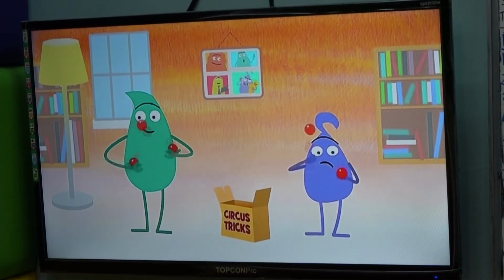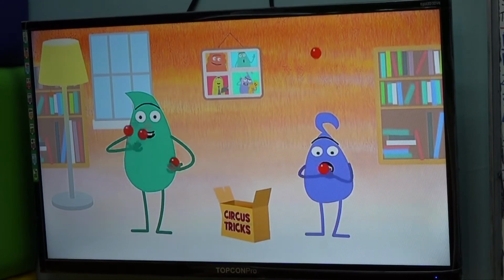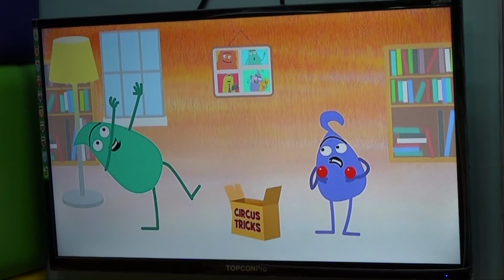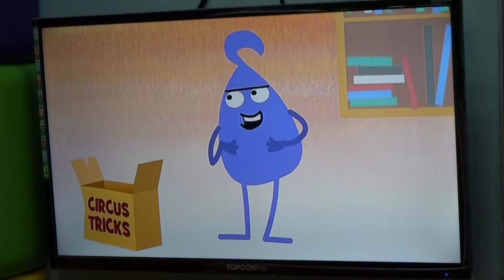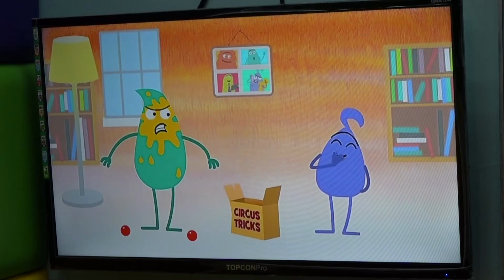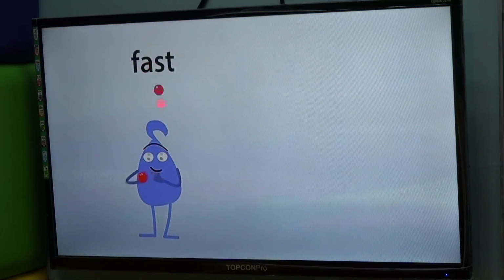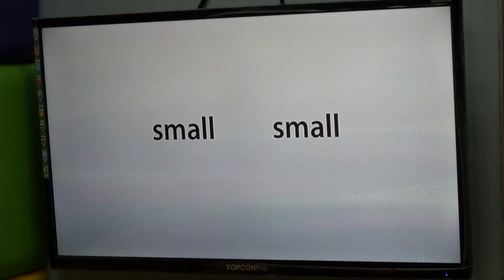You're faster than me at juggling. Yes, I'm faster than you. And I'm better than you at tricks. Yes, but I'm more surprising than you. Fast. Faster. Small. Smaller.